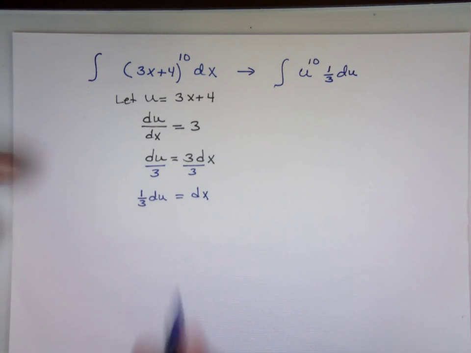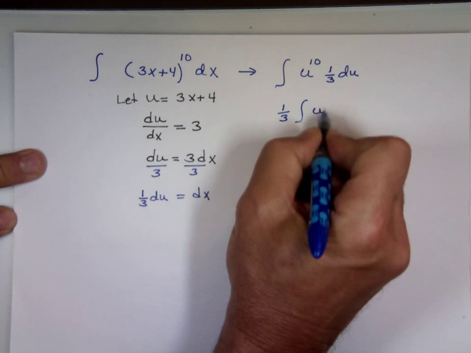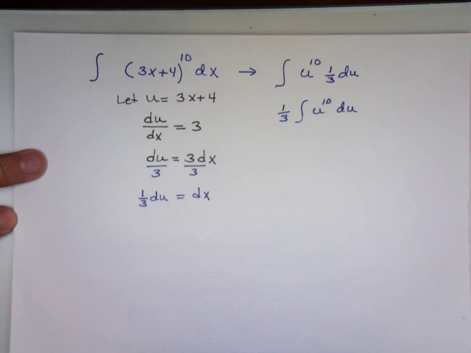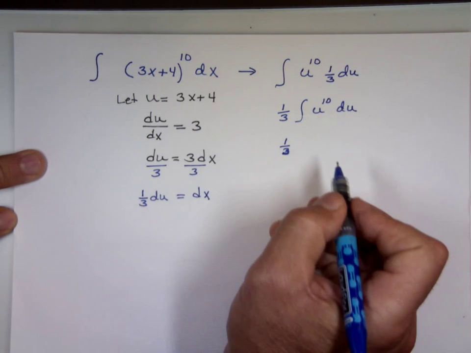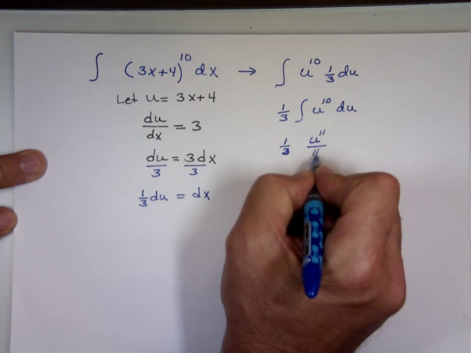I can take the 1/3 outside. It's a constant. u to the 10 du. 1/3 u to the 10 becomes u to the 11 over 11 plus c.